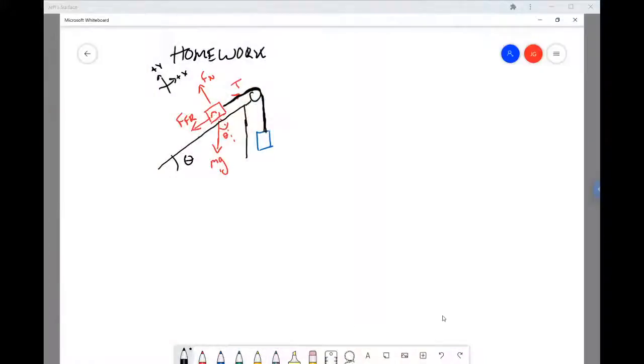But I'll say that one more time. The thing that's different about this problem compared to what we just did in detail is the weight of this block, mass 1, is going to have a y component, and it's going to have an x component.